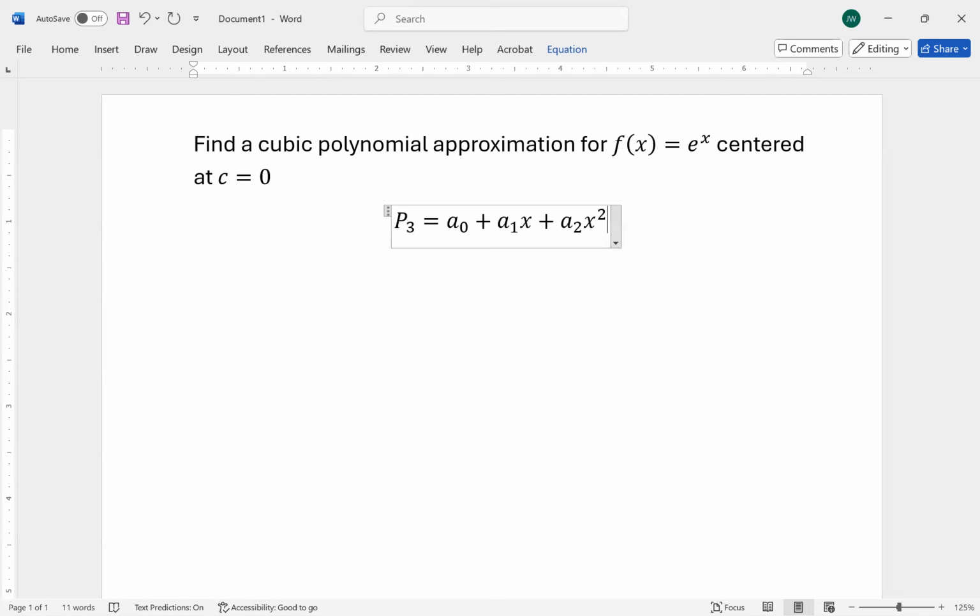So we're writing a polynomial. It's got to be cubic. And when I say it's got to be centered at 0, that basically means we're going to have x to the first, x squared, and x to the third.